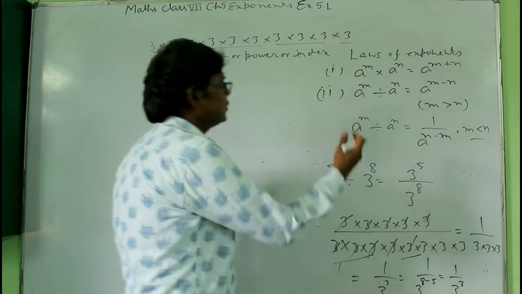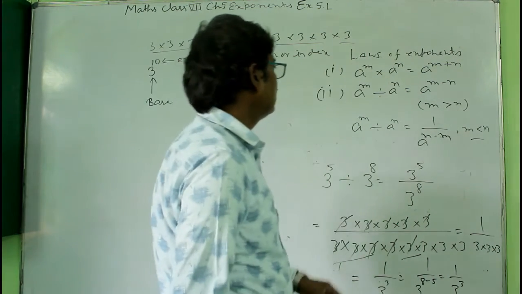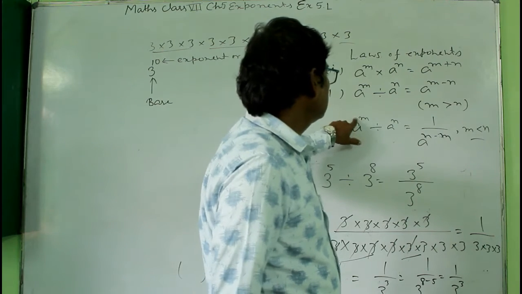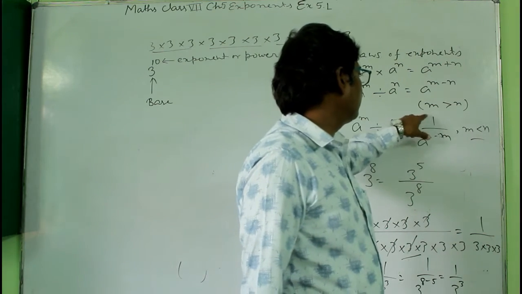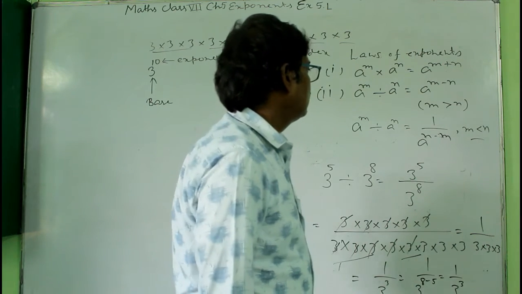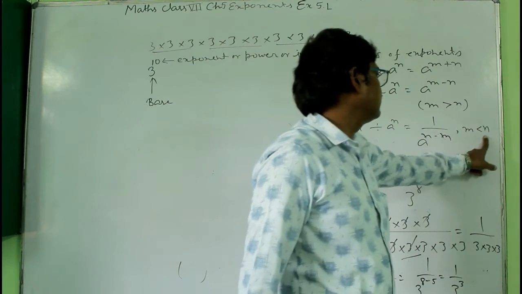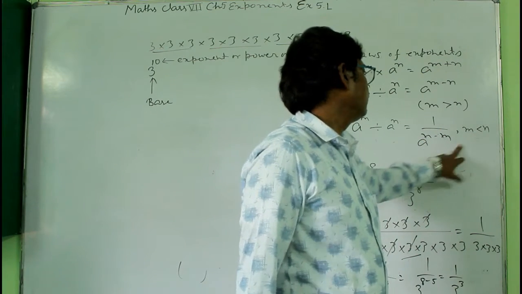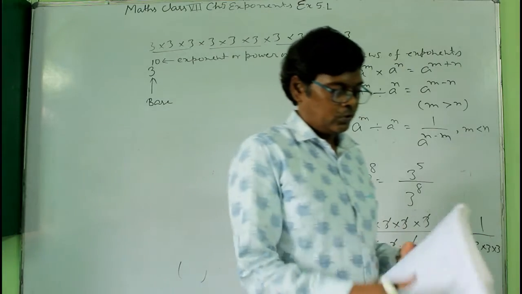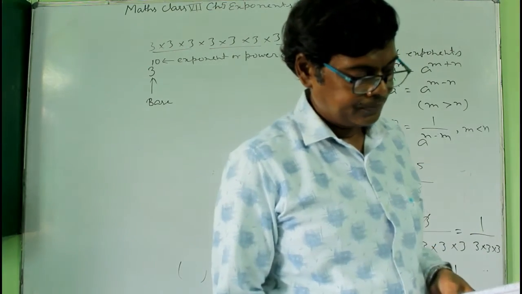So that is how you can explain this formula: when m is less than n, then we have the formula 1 by a to the power n minus m, because n is larger. Okay, so this is the formula for division.